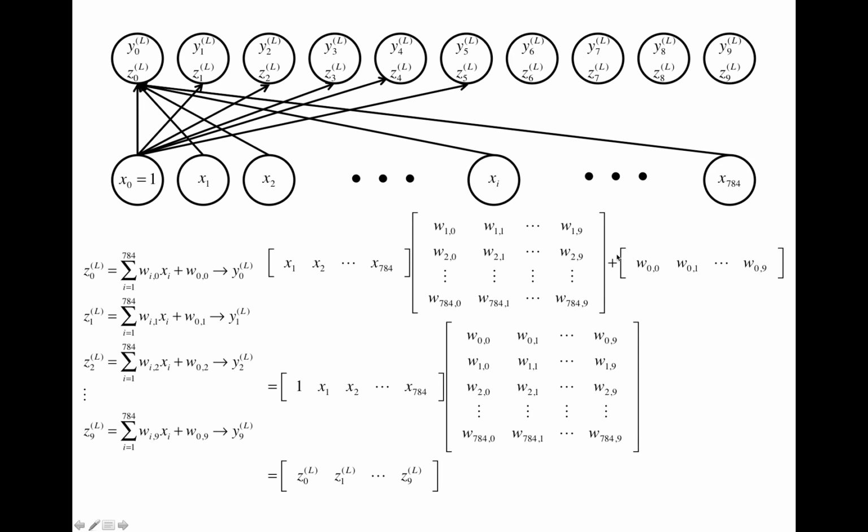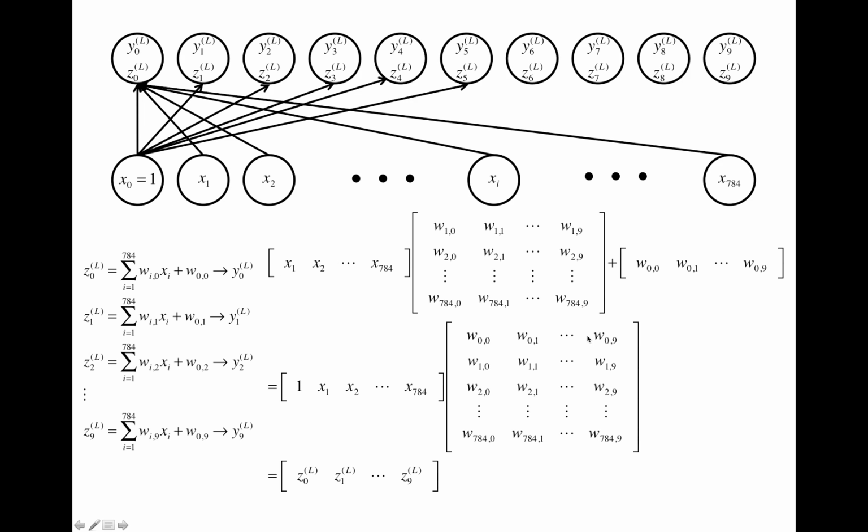So we just put this vector on top of this matrix: W00, W01 up to W09. This top row is the bias vector. And then we add 1 in front of the input vector, and this 1 accounts for x0. So you can just replace this 1 with x0, and that's the same thing.